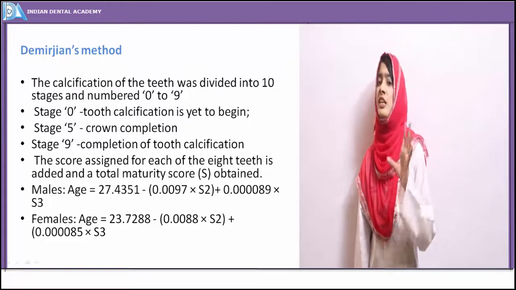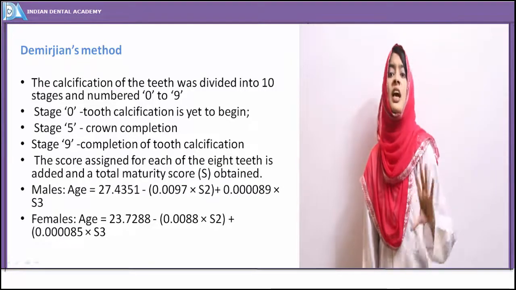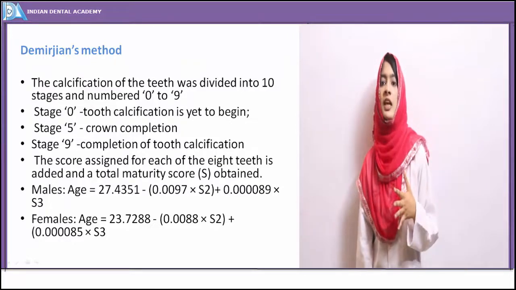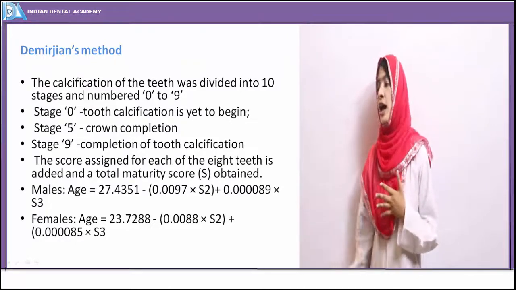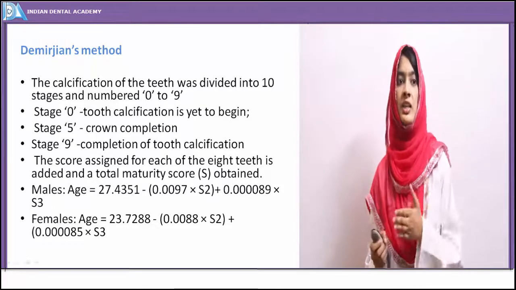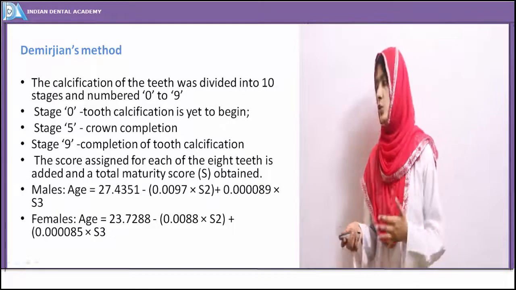Initially, Demirjian considered the mandibular left 8 teeth. He did not consider the third molars for estimating the age. And Demirjian's method is useful in identifying if the individual has become 18 years or not.